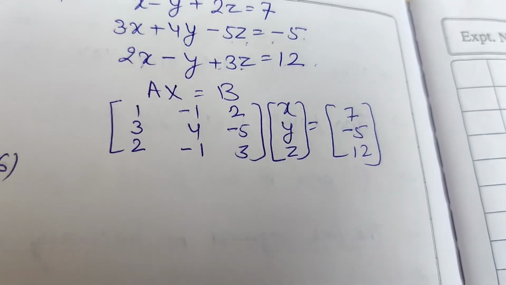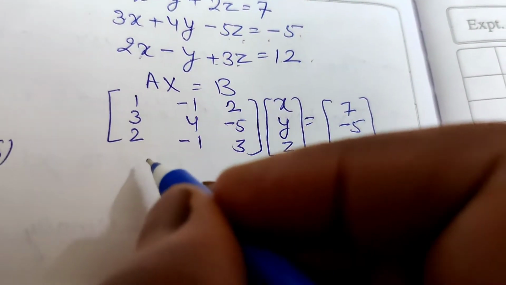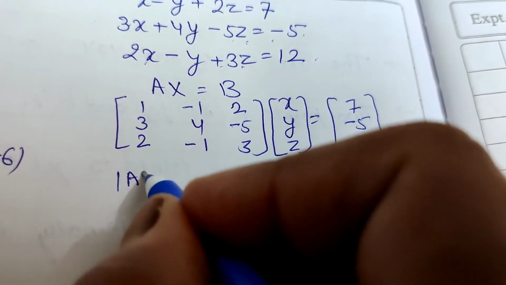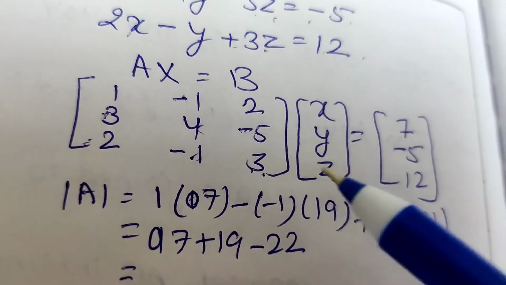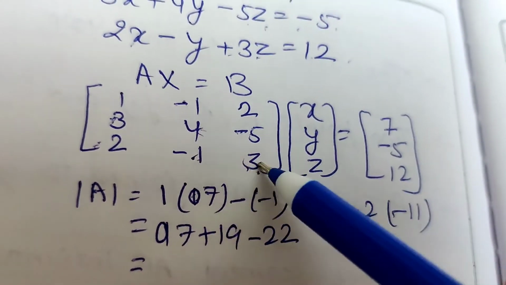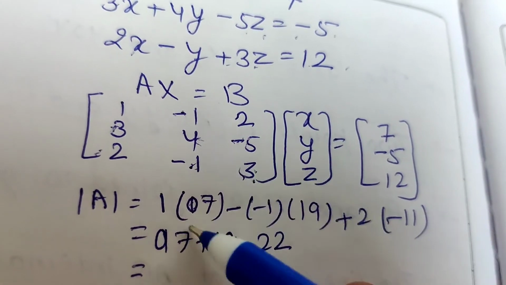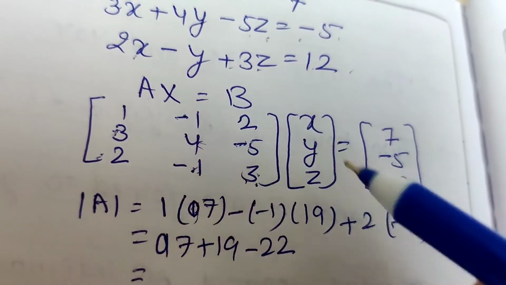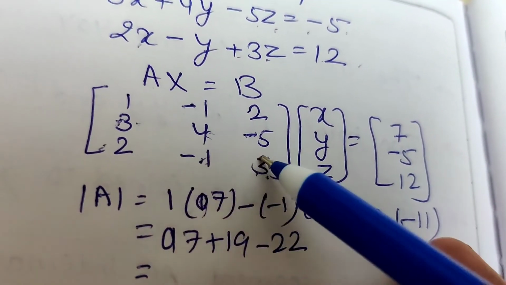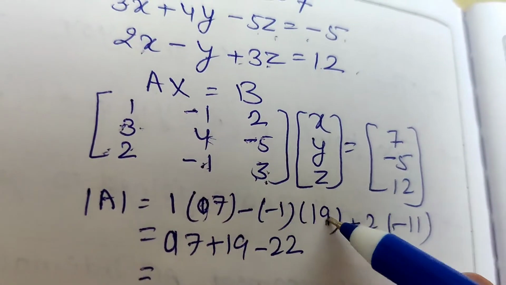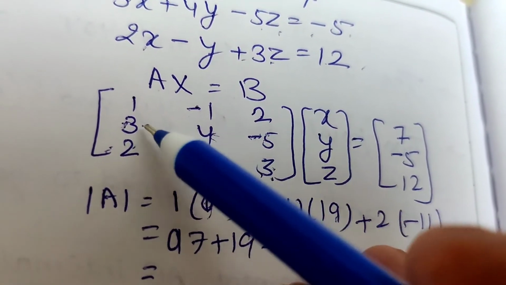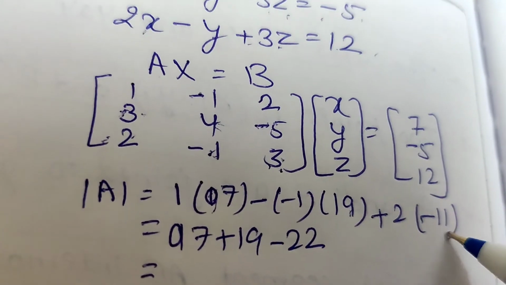First we have to find the determinant A. Find the value of determinant: 1 into 4 into 3, 12, minus 5, 7; minus 1, 3, 3 are 9, plus 10, 19, and plus 2, minus 3, minus 8 is minus 11.